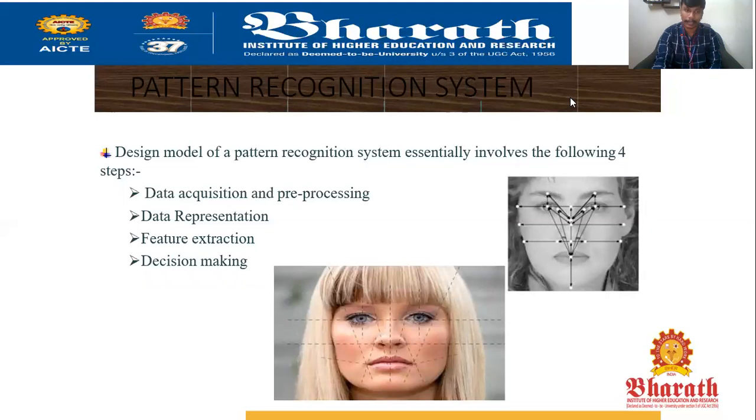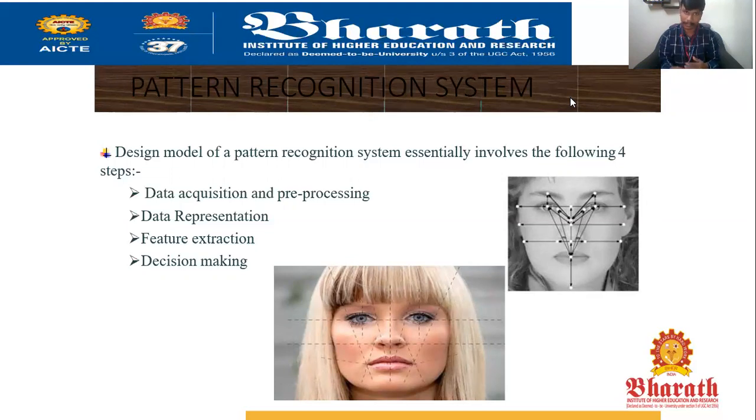So data acquisition will be done to train, or a set of data considered as an input will be acquired by the data acquisition unit, and the data which is to be processed to produce the output will be acquired by the data acquisition unit, and it will be made ready to be processed.